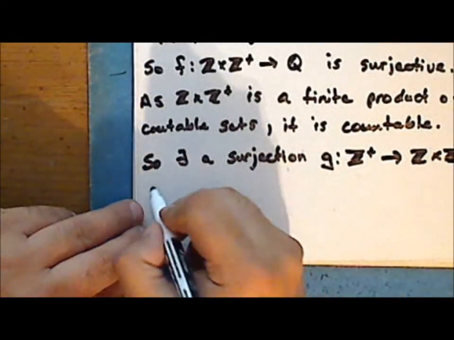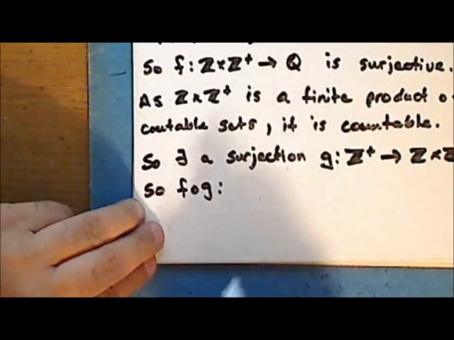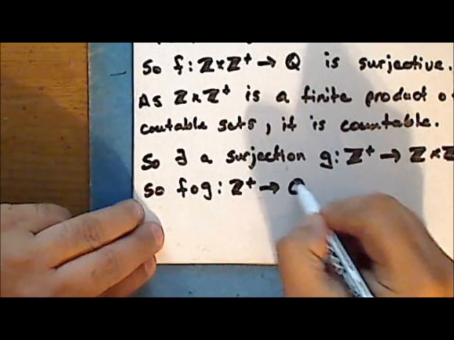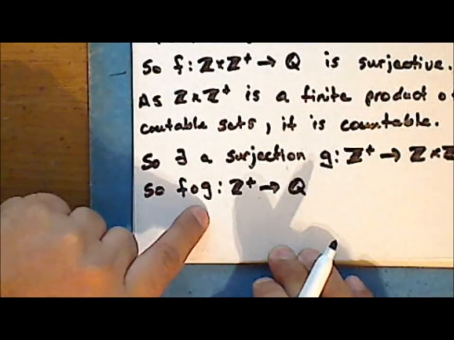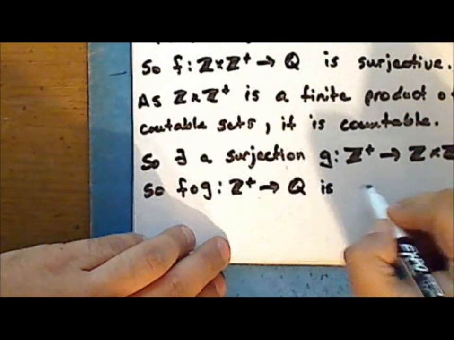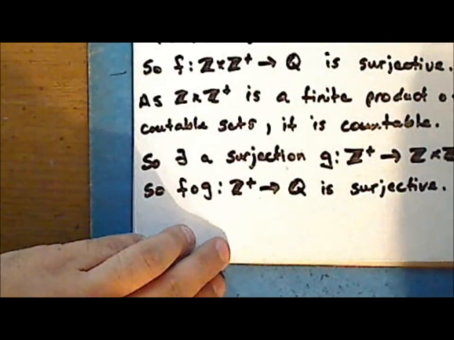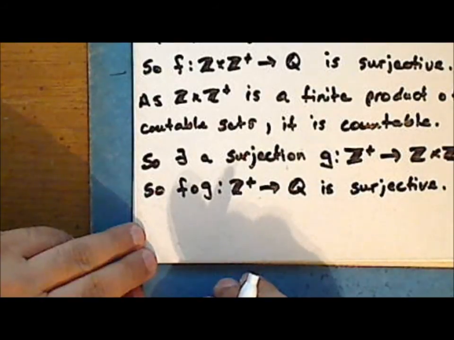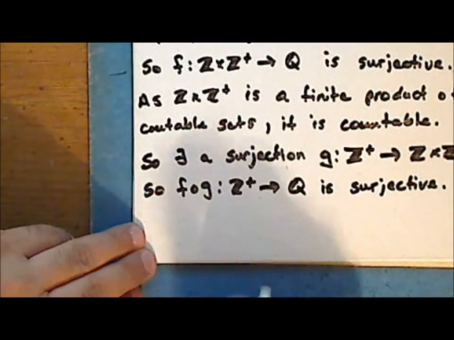And so the composition of f with g is a map from the positive integers into the set of rational numbers. And since both the functions f and g are surjective, the composition is surjective. And so there exists a surjection mapping the set of positive integers onto the set of rational numbers.